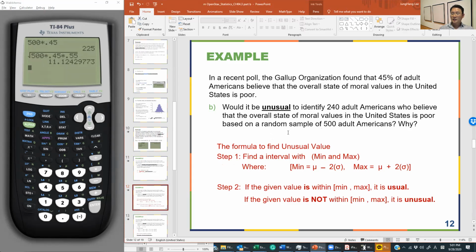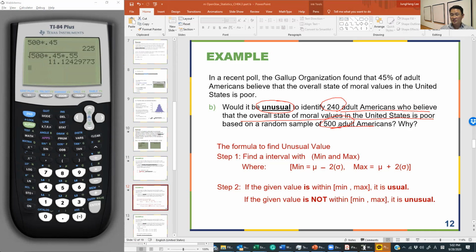Now they say, same question, same 45% of American adults believe that the state of morale of this country is poor. And the next question says, would it be unusual to identify 240 adults who believe that the overall state of morale of this country is poor, if you ask 500 people?